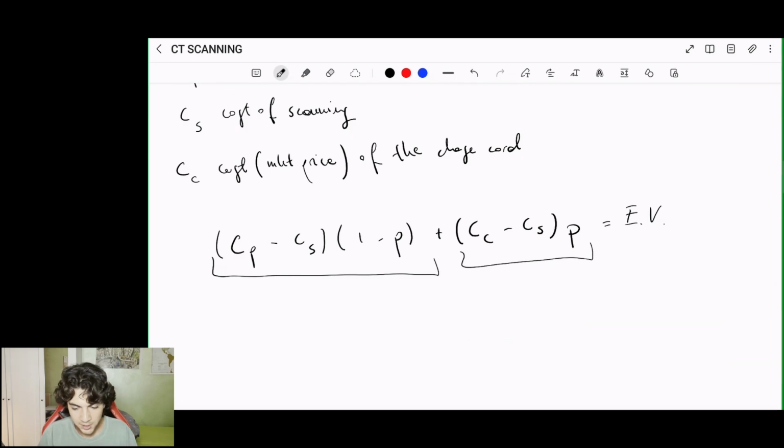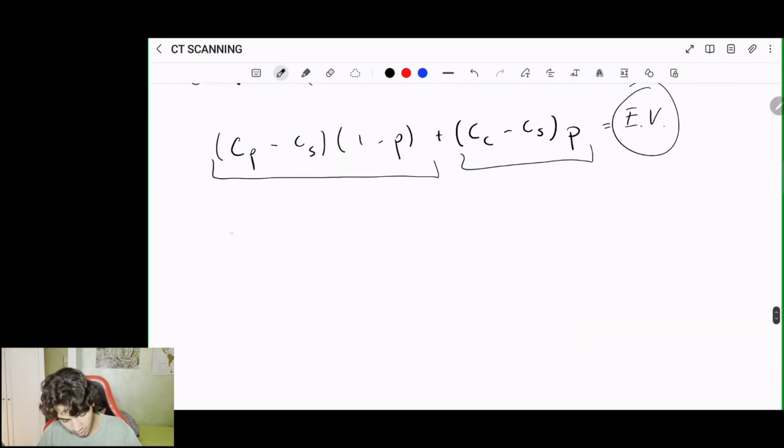Now, at this point, the question is, when do I profit? Well, that's your expected value. And you only profit when that expected value, which is your revenue, is greater than the cost. What is the cost? The cost is the cost of the pack or box, once again we're going to consider a pack, plus the cost of scanning.